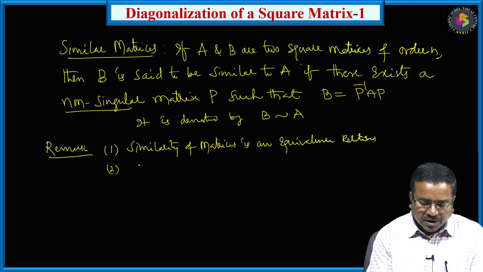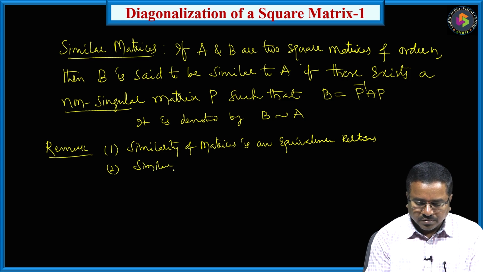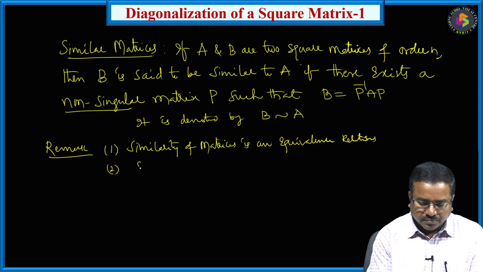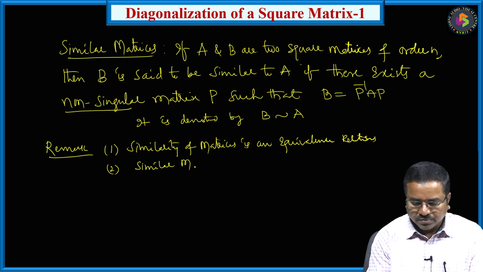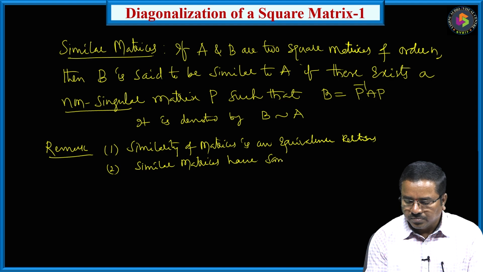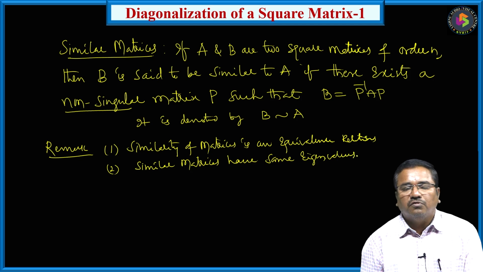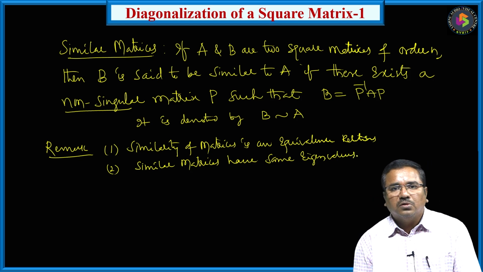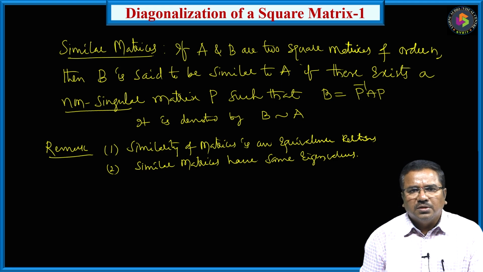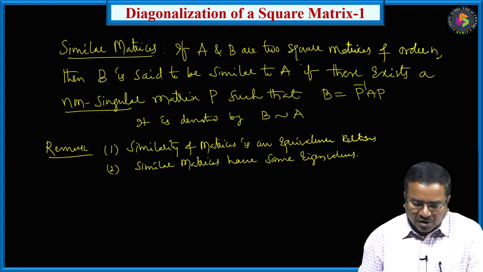And similar matrices have the same eigenvalues. This is very important. They have the same determinant also. If A and B are similar, then they both have the same eigenvalues.